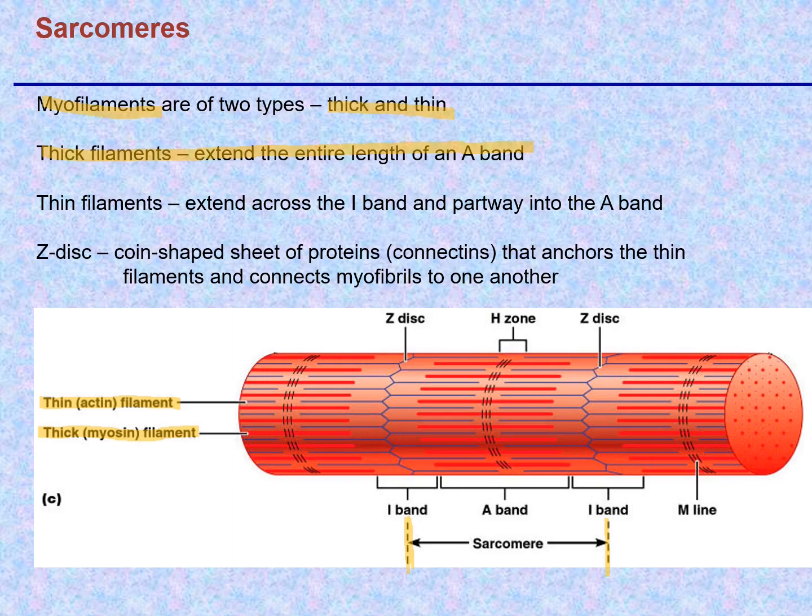The thick filaments and thin filaments are arranged in a particular pattern. And if you look carefully, you can see that where they overlap is, in fact, the darker stripes or striations in a muscle, and where they don't overlap and you only have thin filaments, that's where it's a lighter band in skeletal muscle.